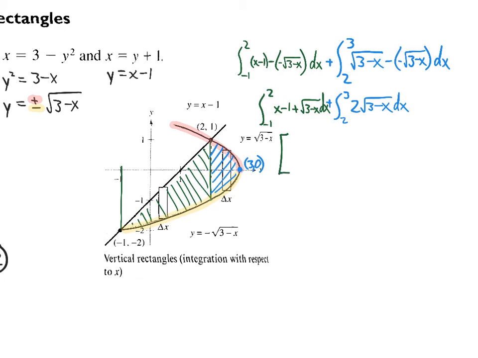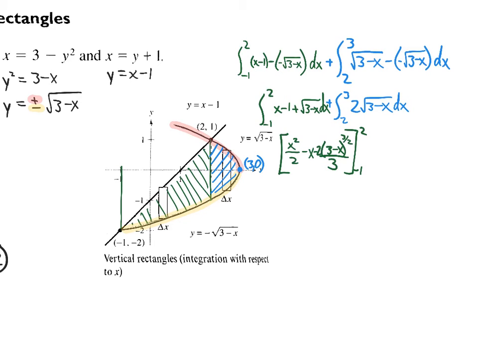Here we're going to have x squared over 2 minus x, and this is going to be 3 minus x to the 3 halves times 2/3, and then I'm going to need a negative in here because it was a 3 minus x, and the derivative of 3 minus x is the -1. So in that u substitution, I would need to have a -1 in there, okay? And that's going to be from -1 to 2.